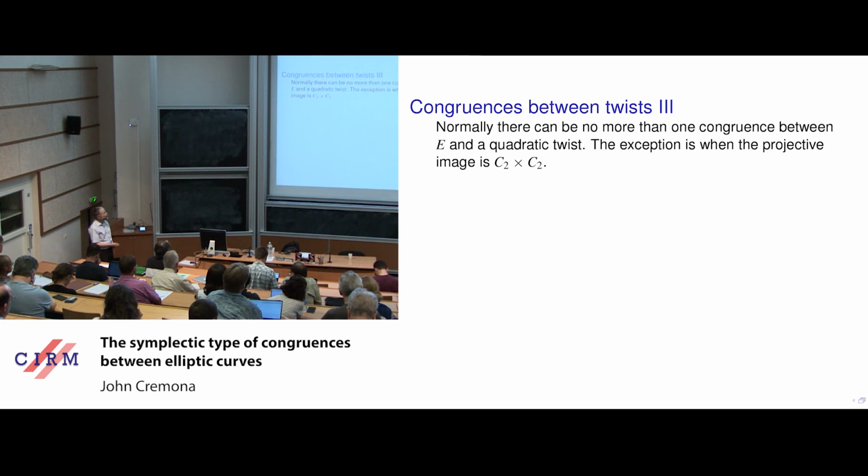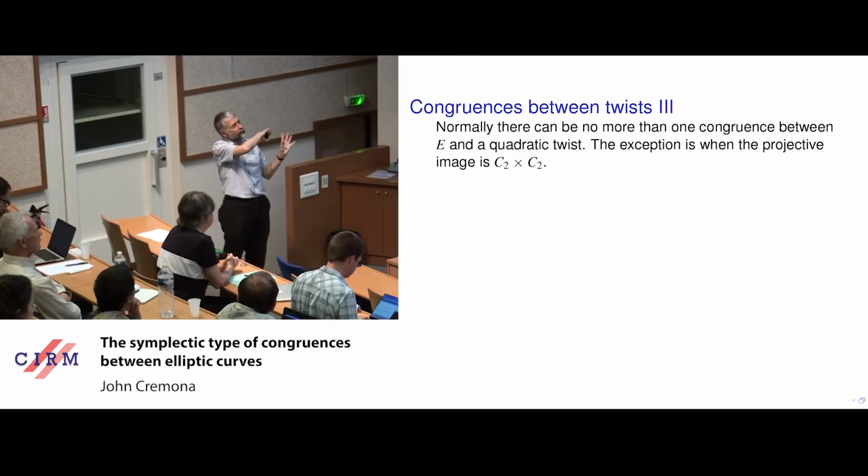If the image is C2 cross C2, then there are two ways of seeing that as a group of order 4 with a subgroup of index 2. And so you get 3 different quadratic twists, which are congruent in this case. So if you apply this in the situation where I had my map from, say, XE plus of 7 down to the j line, in this case, the j of E prime will have 3 pre-images, or maybe 4, counting the base curve.